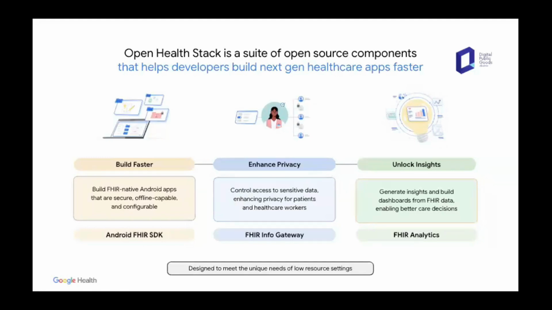And these are things like, on the mobile side, we'll go into these in a bit more detail, but it's really being able to build FHIR native apps on Android, being able to ensure that you're preserving security and privacy when building digital health solutions, and components to make it easier to generate those insights from data, trusted insights from data, to drive better decision making.